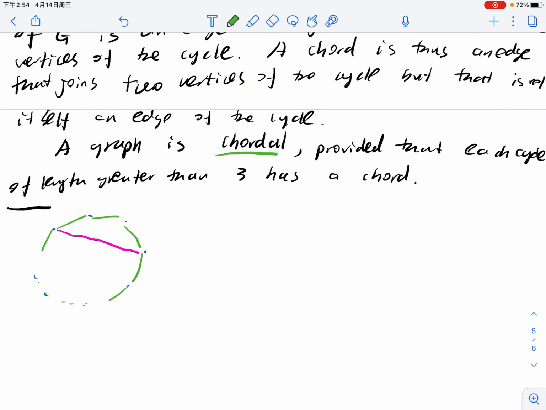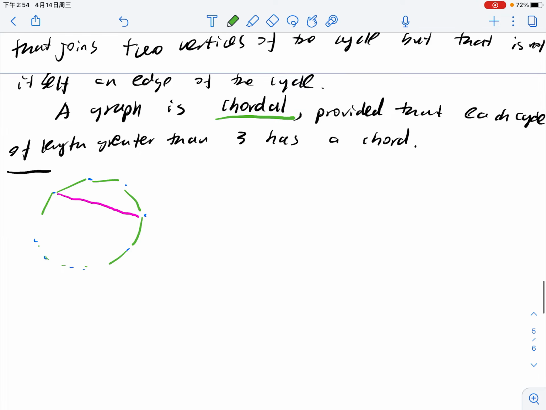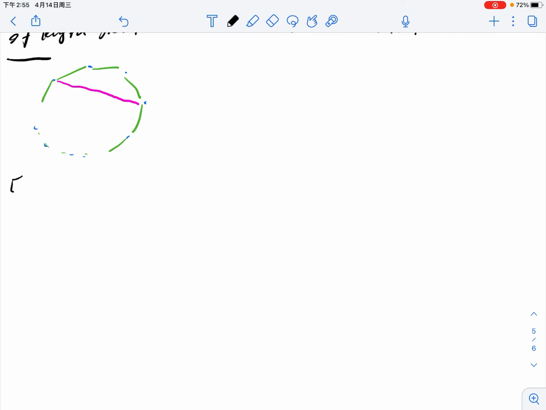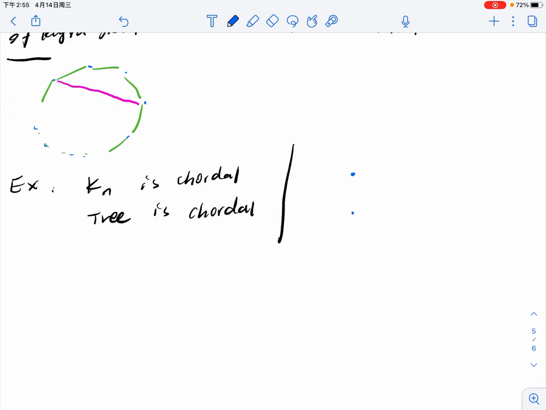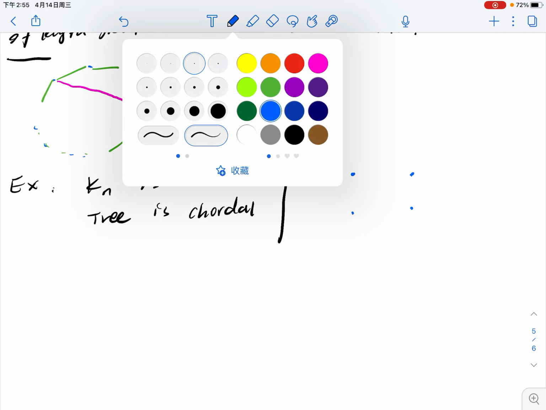And of course, a graph is chordal is more than just a cycle has a chord. It means every cycle in the graph has a chord. It's a very strong condition. And for examples, K_n is chordal, and a tree is chordal. This is tricky because a tree doesn't have any cycle, so automatically it's chordal. And a non-chordal example is given by bipartite.